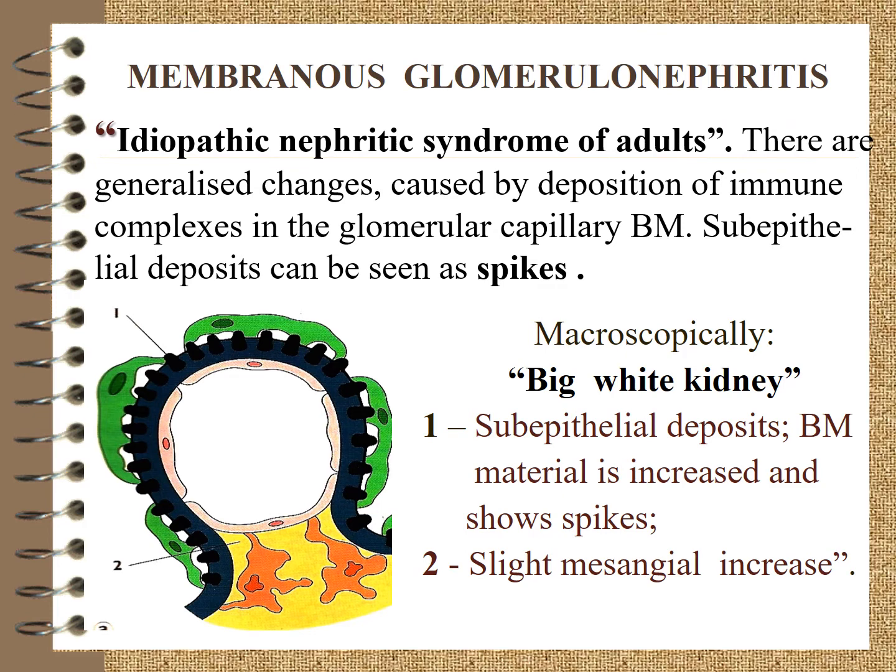The term membranous nephropathy reflects the primary histologic change noted on light microscopy: glomerular basement membrane thickening with little or no cellular proliferation or infiltration.